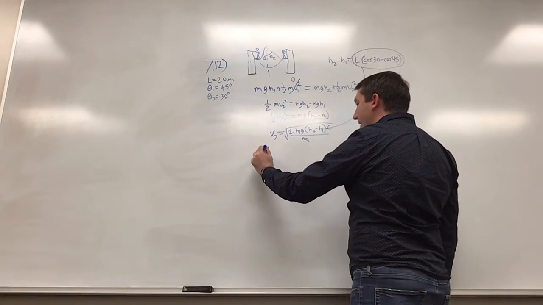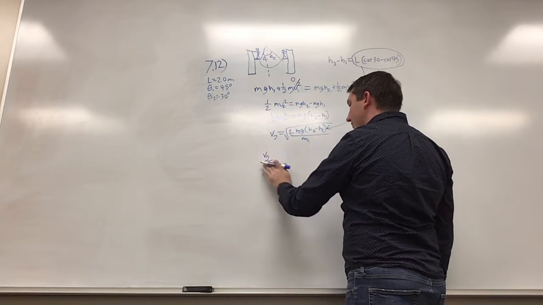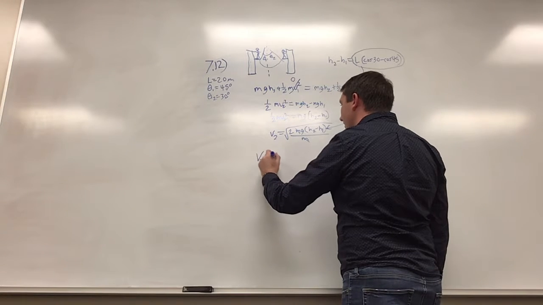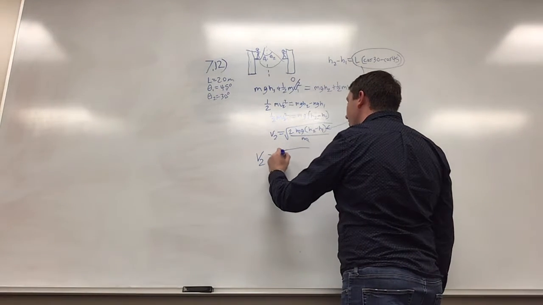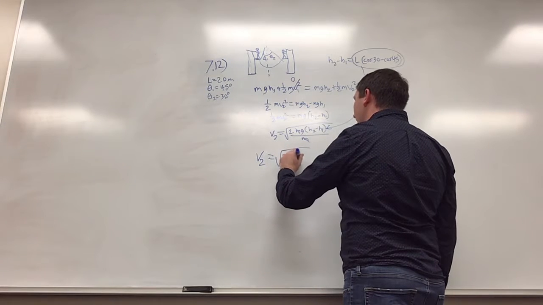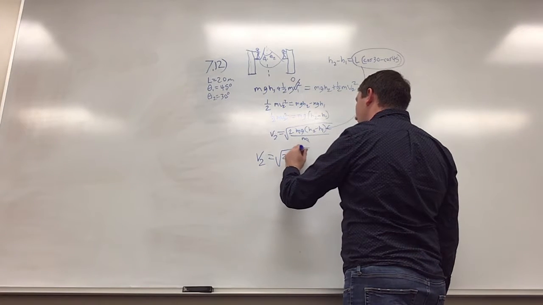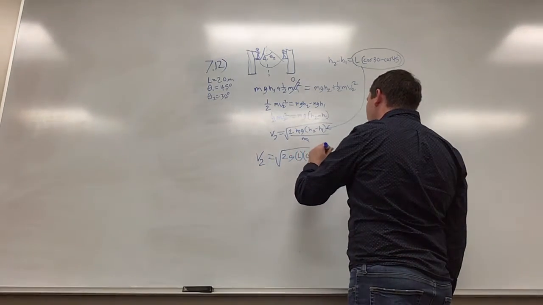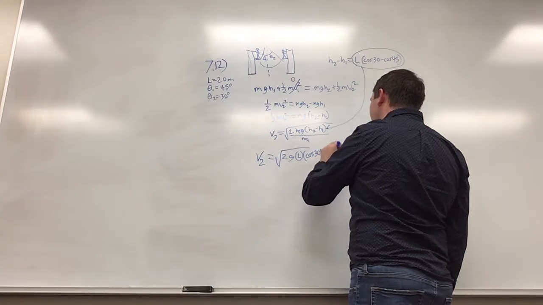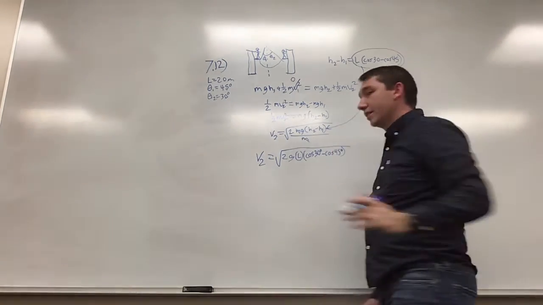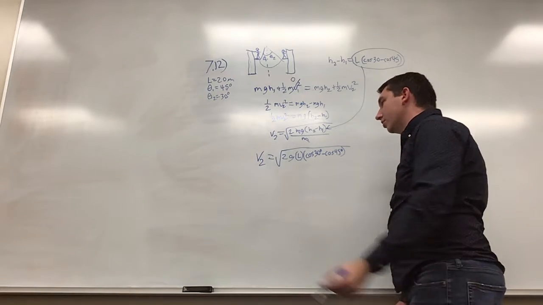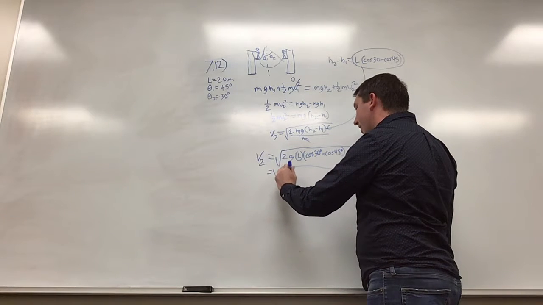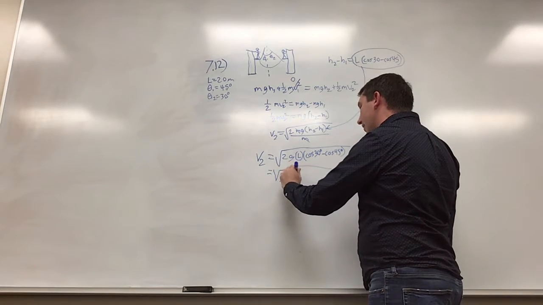So the second velocity is going to be equal to the square root of 2 times gravity times length times cosine of 30 degrees minus cosine of 45 degrees. All of that is under the square root sign. Then you plug in the rest of your numbers. So 2 times 9.8 times 20.